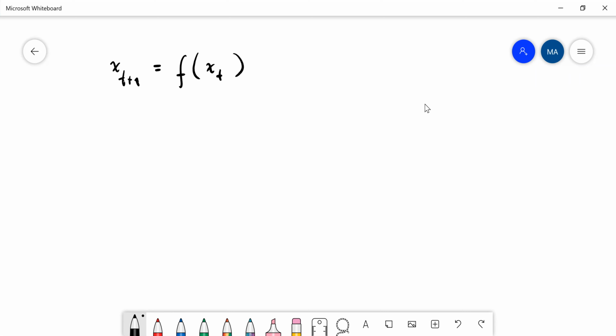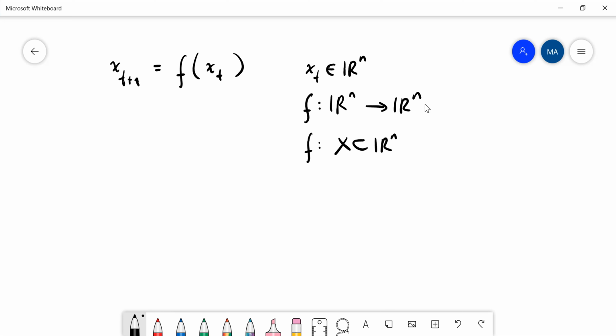Here x is a vector, which is n-dimensional, and f is some function that maps Rn to Rn, or more specifically, we can define subsets of Rn where the variable x is defined.